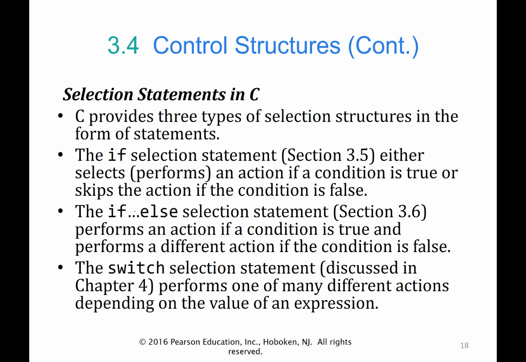So in BASIC it was an if then else. In Fortran, it was an if then else. In C, it's simply if else. And the last one this chapter talks about is the switch statement. So I'm going to go through these three statements today.